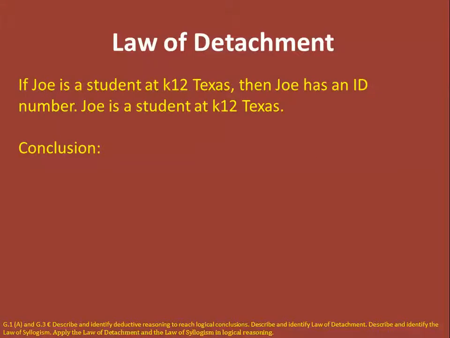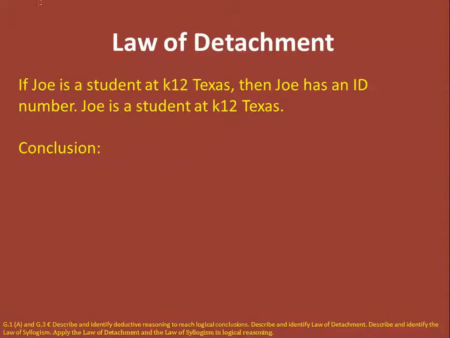So here's an example of the law of detachment, and let me show you how we work these out. If Joe is a student at K-12 Texas, then Joe has an ID number. Joe is a student at K-12 Texas. With our conclusion, let me make some notes up here to show you how this works.